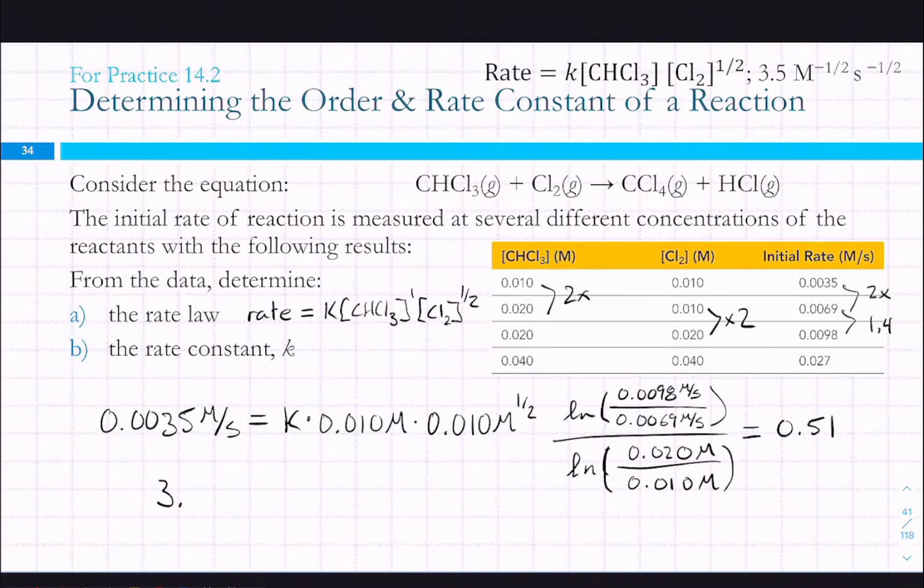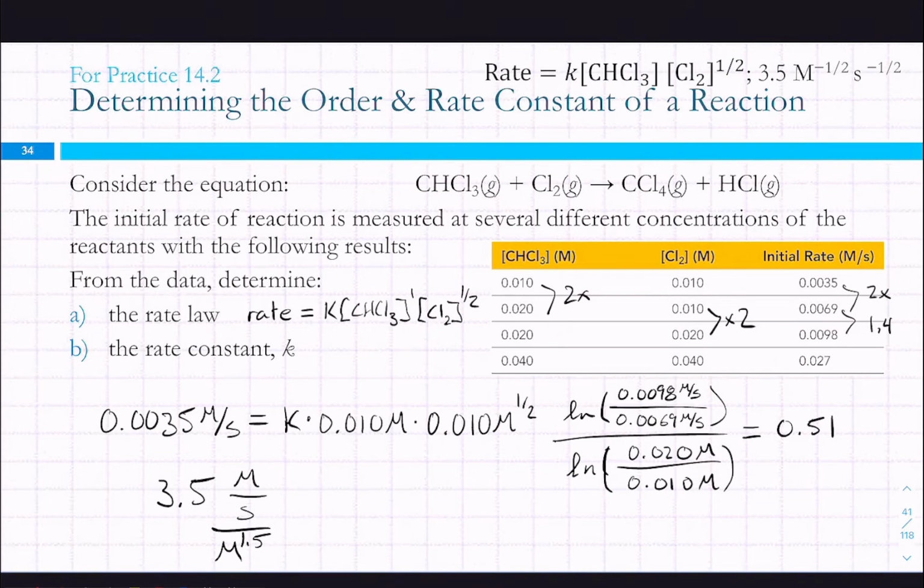So it's going to be 3.5. I think it's just molar per second divided by molar divided by 1.5 molar.